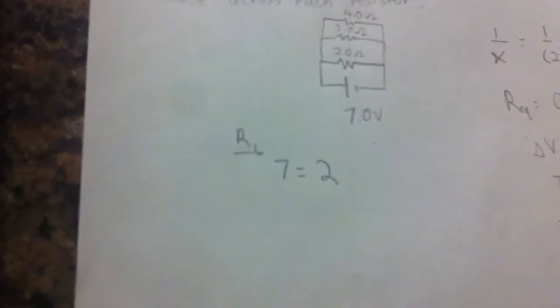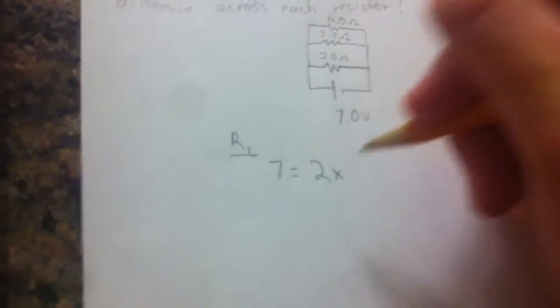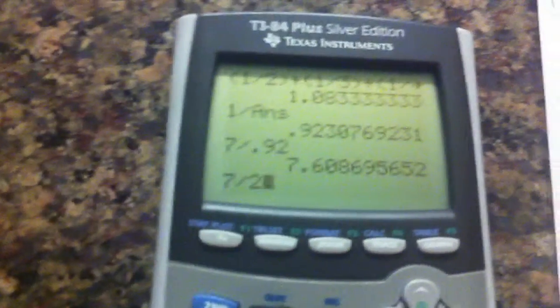Okay, so now we have to find the potential difference across each resistor. So for resistor 1, we know that the voltage is going to be 7. Let me label this. The voltage is going to be 7. It's going to be equal to the resistor of 2 times the current, and we need to find the current. So that will be 7 divided by 2.